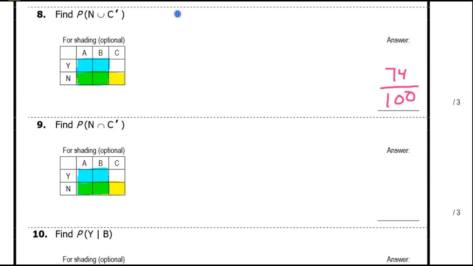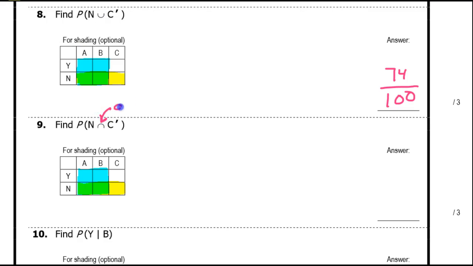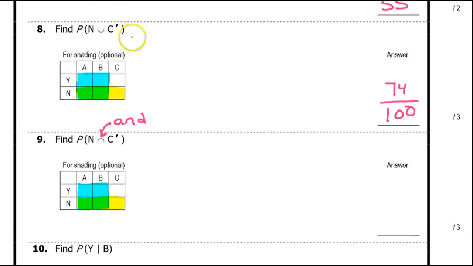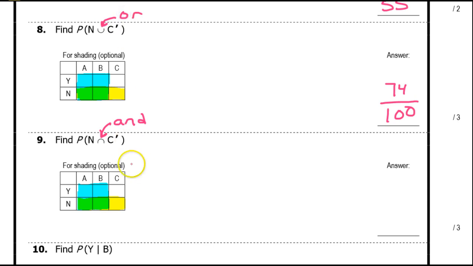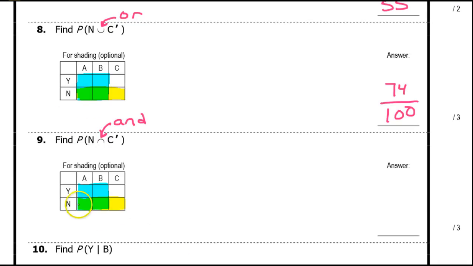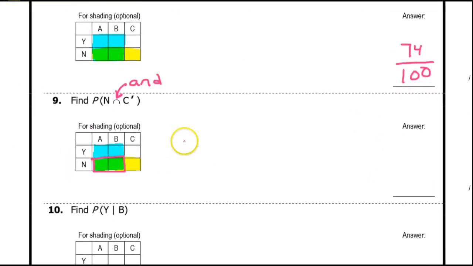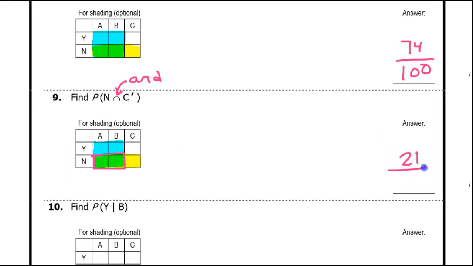All right, but because this is an and problem, and is just the overlapping part between these two sets. So all I care about is the green part. That will be the target because that's the overlap between these two sets. So that's going to be 13 and 8, which is going to be 21. So that's why we're going to have 21 out of 100.